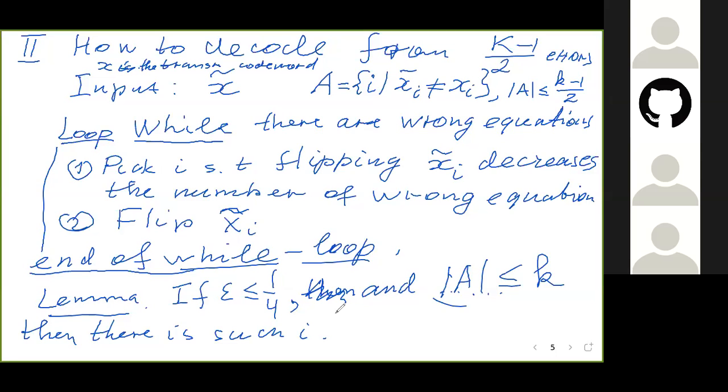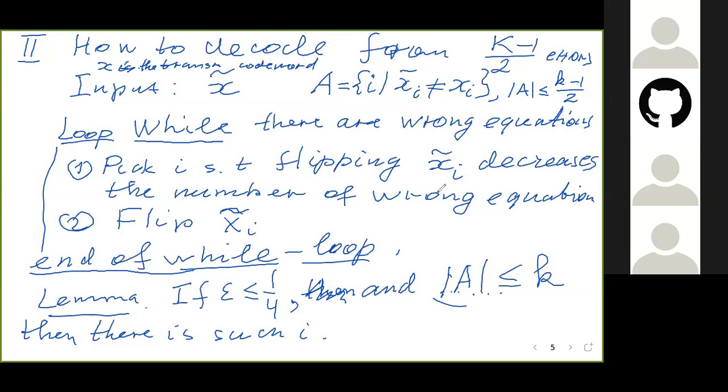However, on this step, we do not know which i's are wrong and which are right. So it might happen that also changing some good variables decreases the number of wrong equations. And so during our loop, the cardinality of A might increase.